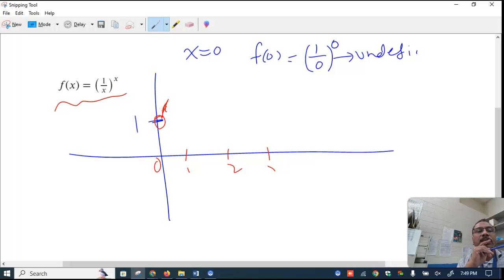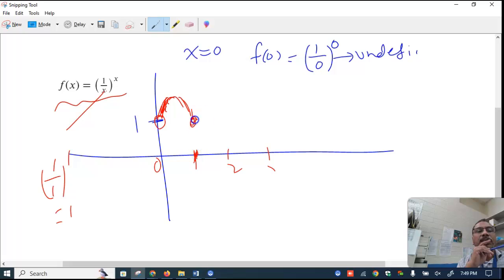So this is 1. We will see the graph on Desmos also; it will look something like this. When it is 1, if I put 1 here, 1 over 1 raised to 1 is going to be 1.